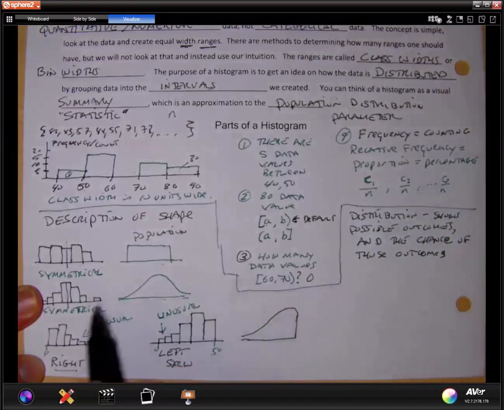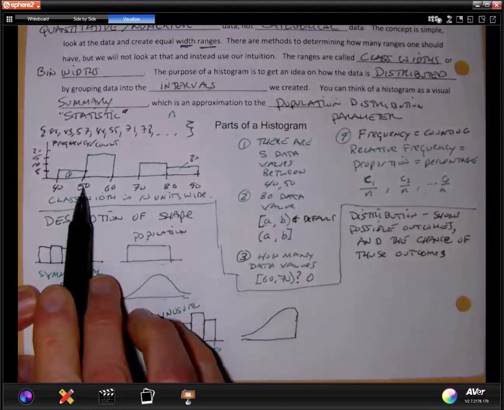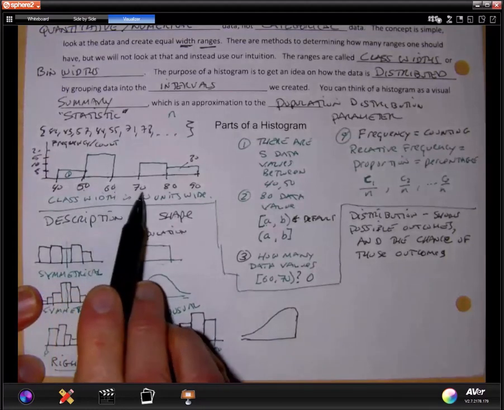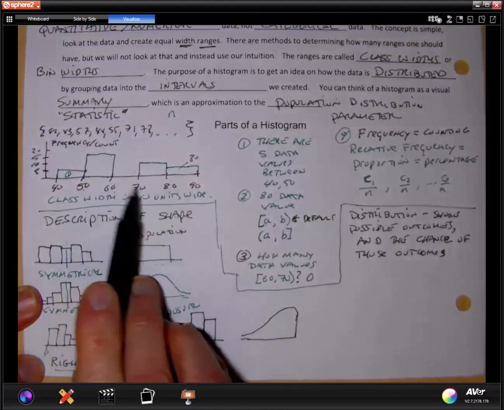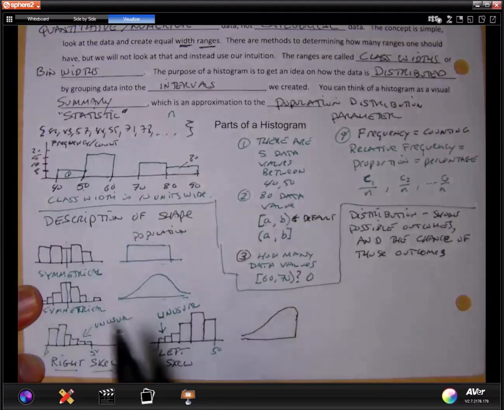Here now, let me look at this one that has actually some numbers in it. Let me go 1, 2, 3, 4, 5, 6. Also, once you describe another thing you have to keep in mind, once you say I'm going to make my class width 10, it must be true throughout. You cannot change your class width within the same histogram. And why is that? Because visually we're attracted to the area.